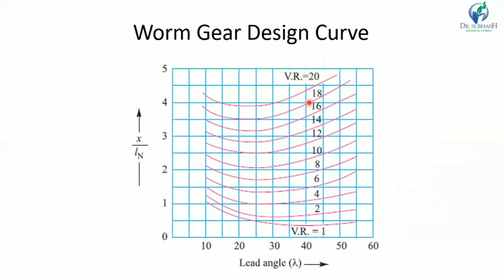This minimum value represents the minimum center distance, and that can be used with a given lead, or inversely the maximum lead that can be used with a given center distance. So by using the table and standard module, we can determine the combination of lead angle, lead, center distance, and diameter for the given design specifications.